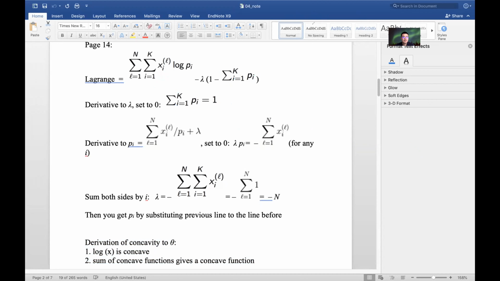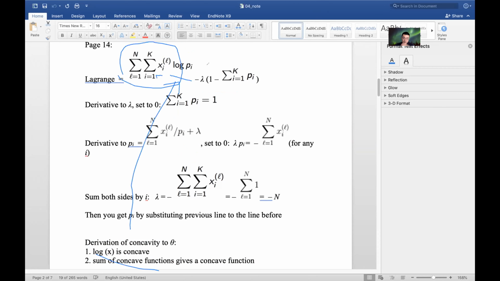We want to show this term is concave, and in order to do that, look at log pi. Log pi is concave, and the other things are constant, 0 or 1. So it's a bunch of concave functions summed together, so the left-hand side is concave.